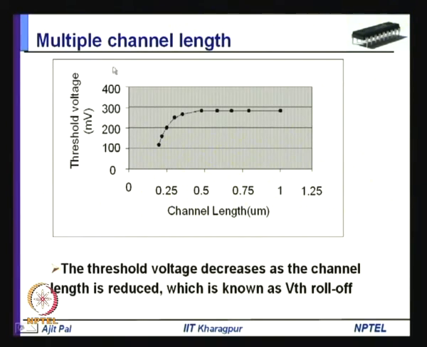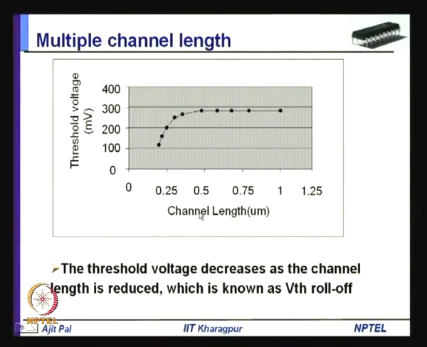Coming to the third technique, where we use multiple channel lengths. You may recall that I discussed a phenomenon known as channel length modulation. No, sorry, threshold voltage roll off.